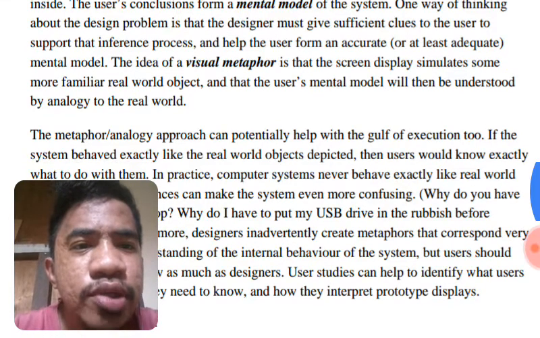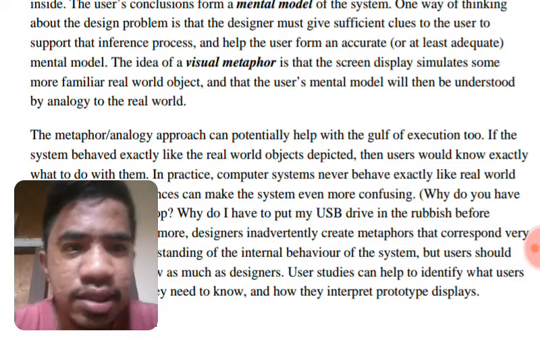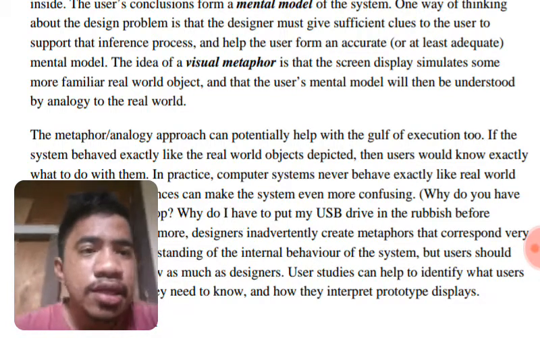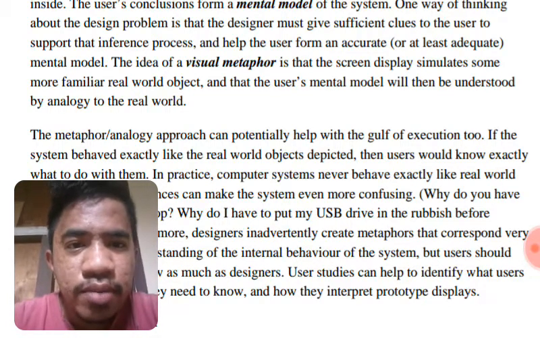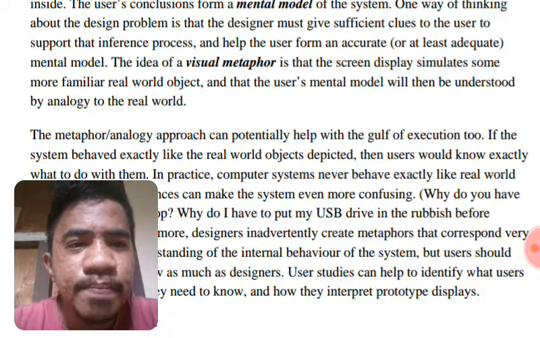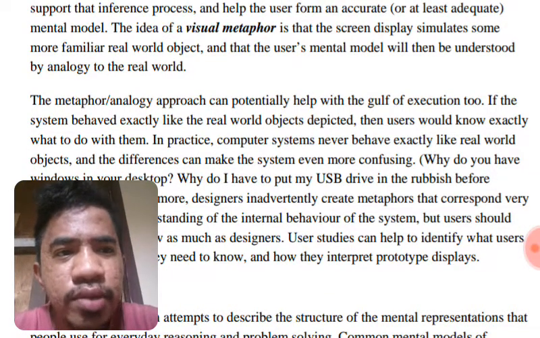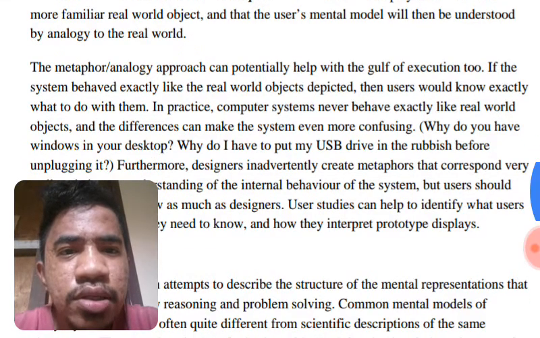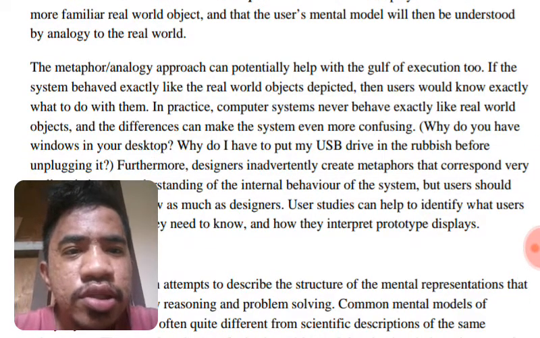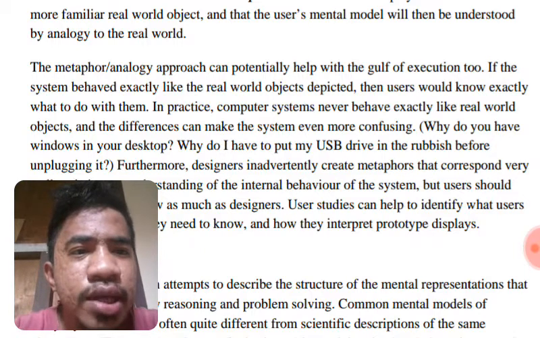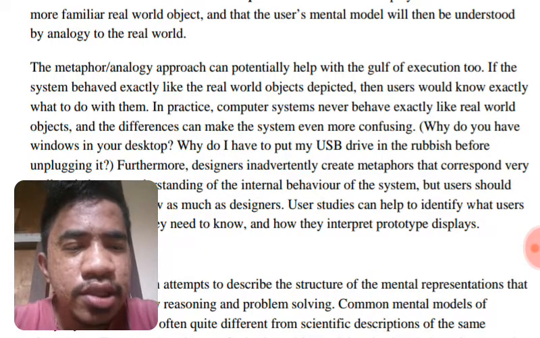The idea of visual metaphor is that the screen display simulates some more familiar real-world object, and the user's mental model will then be understood by analogy to the real world. The metaphor or analogy approach can potentially help with the gulf of execution too.